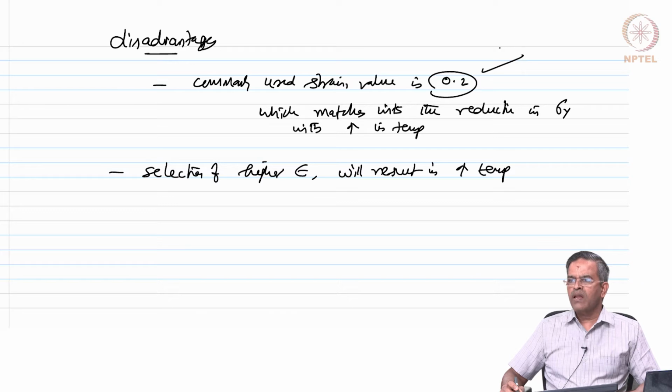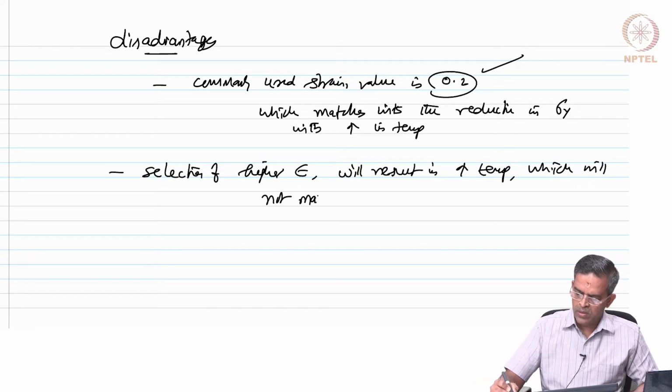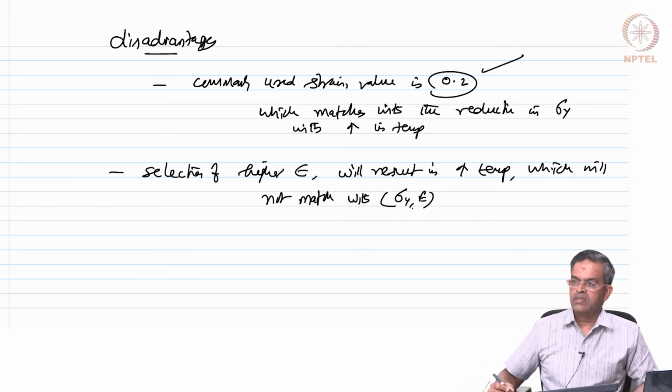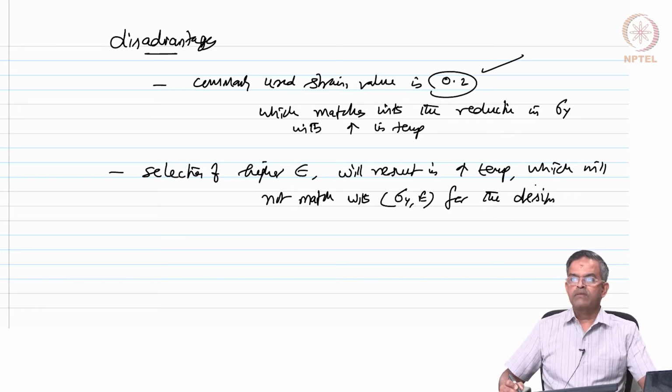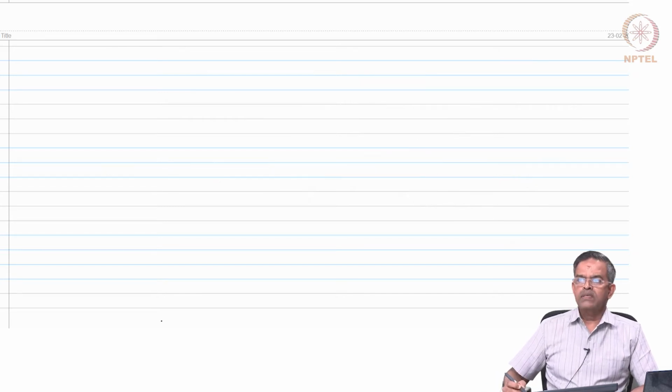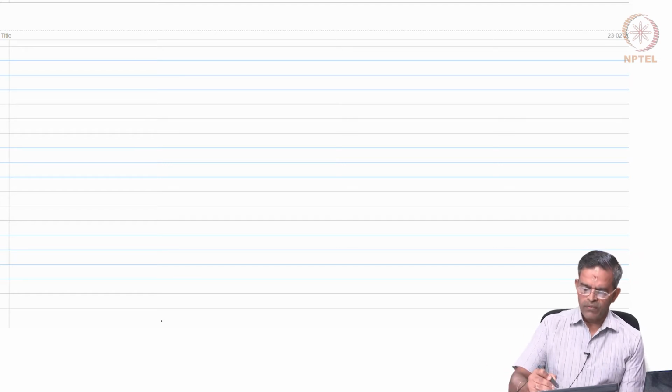So, a higher strain value assigned to the members will result in higher temperature, which will not match with the stress and Young's modulus for the design. So, that is a concern in this method. Okay. Having said this, let us talk about energy released during fire.